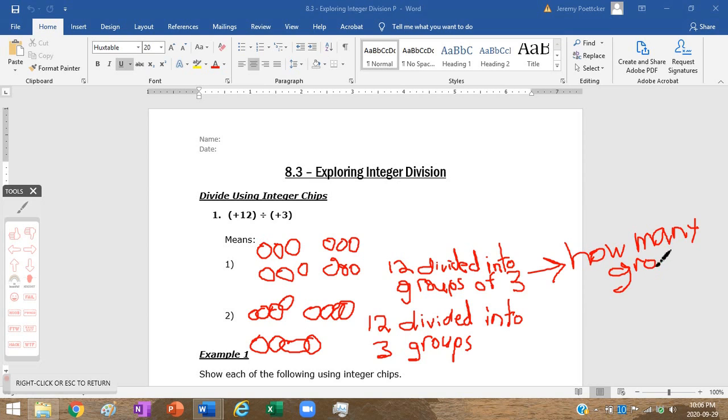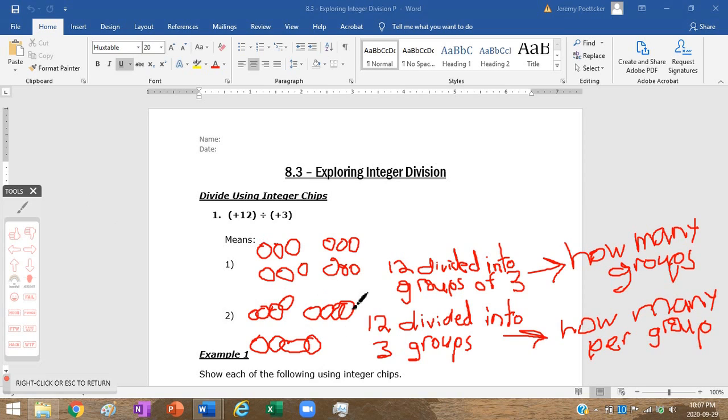I can also look at it here with number 2 and say how many in each group, or how many per group. Right. Either of those is a perfectly valid way of looking at not only integer division, but division in general.